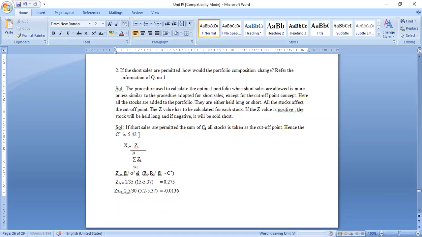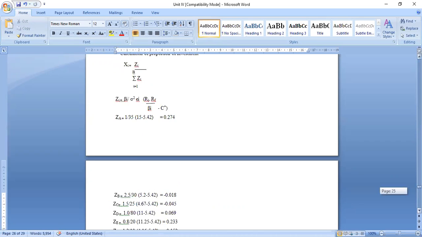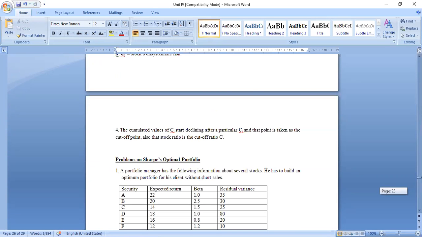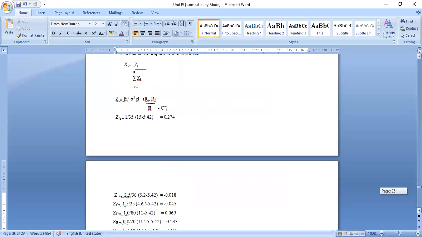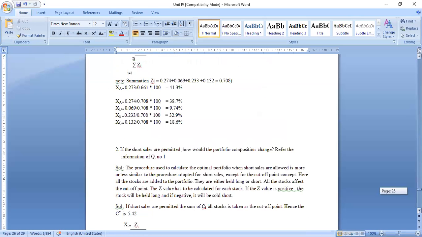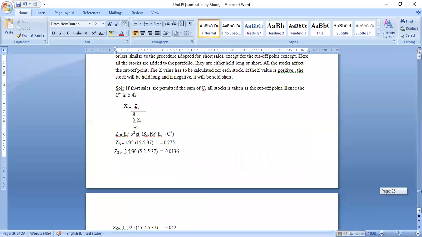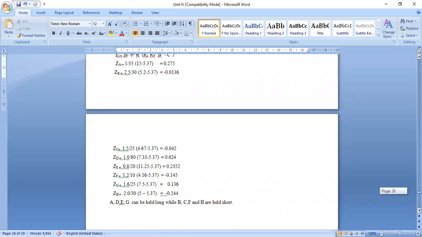I hope students have understood the difference for the problem of Sharpe's optimal portfolio for without short sales calculation and with short sales calculation. If you are not clear with that concept, I will repeat it once again, then we can finish up this particular calculation aspect.